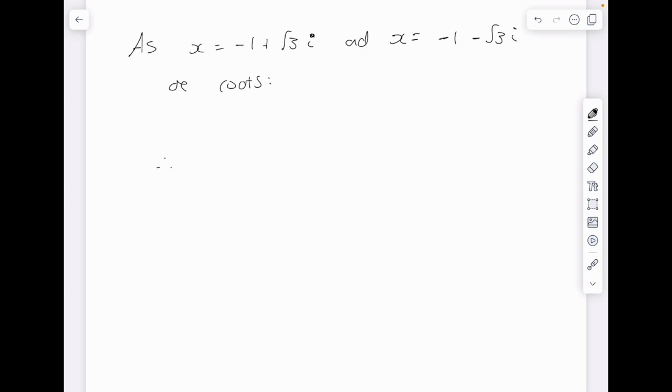Therefore, it's going to be x plus 1 minus root 3i, okay, and x plus 1 plus root 3i. This is a factor.